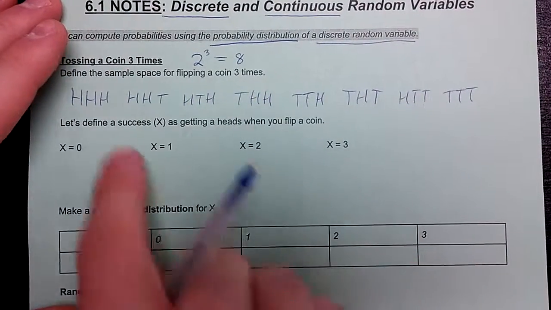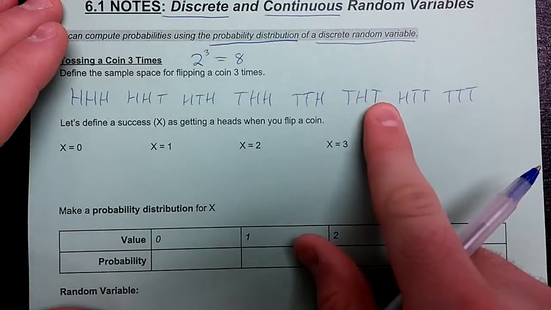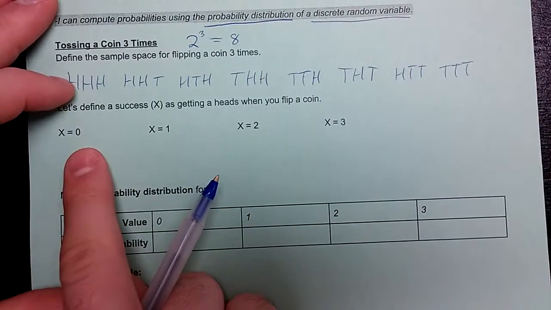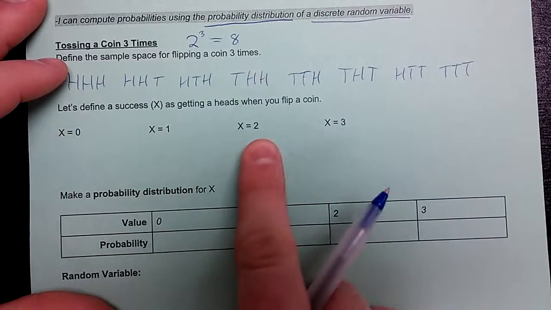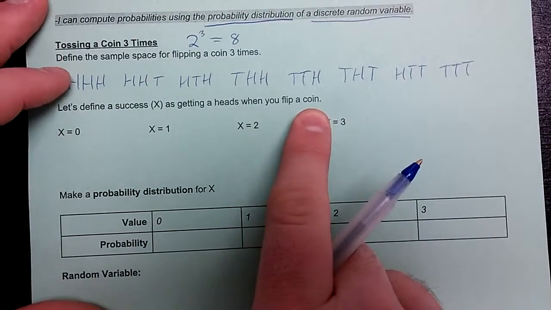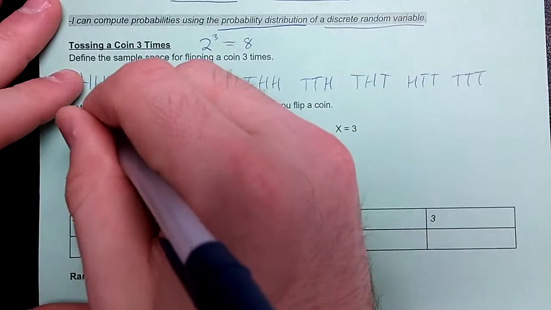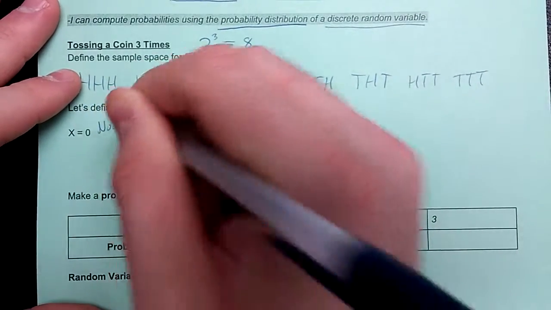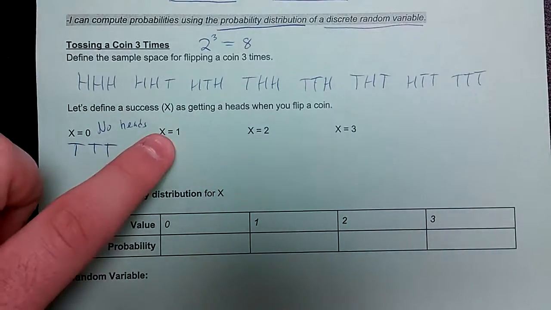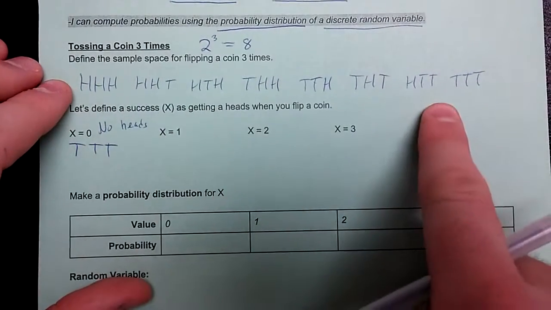All right? Now, if there's 8 outcomes and they're all equally likely, each one of these is 1/8 probability of happening. X equals 0, X equals 1, 2, 3. We're going to define X as getting a heads when you flip a coin. So if X equals 0, that means there are no heads. And there's only one of those. That's when you get all 3 tails. X equals 1. How many of these have 1 heads in them?